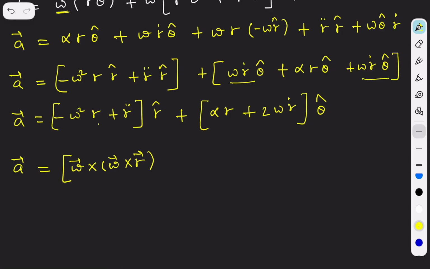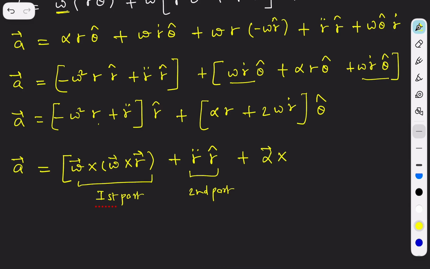Plus r double dot r cap, that is the second part. Then this is alpha cross r, that is your third part. And plus this 2 omega cross r dot theta cap.